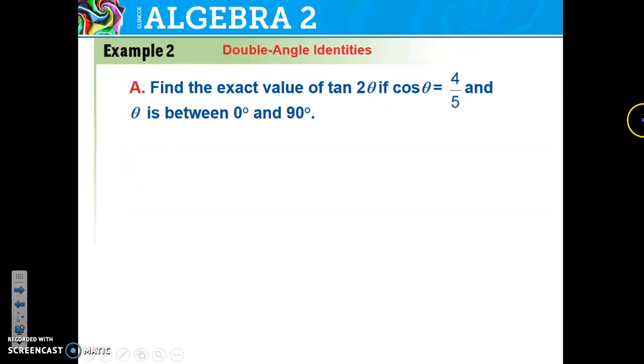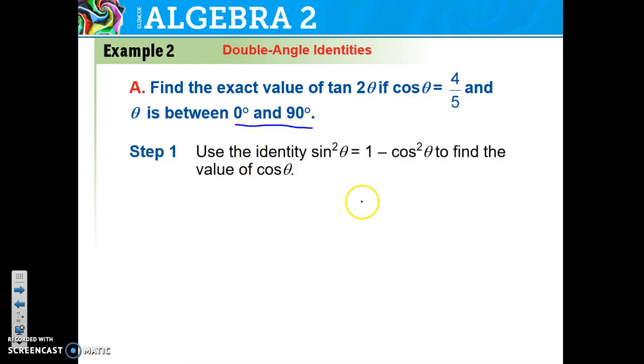All right, here we're going to do another one: the exact value of the tangent of 2 theta, if the cosine of theta is 4/5, and again we're dealing with theta in the first quadrant. So I'm going to use an identity first to find the value of the sine of theta, because we already know cosine of theta.